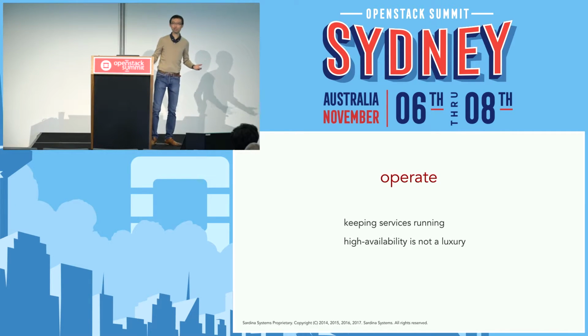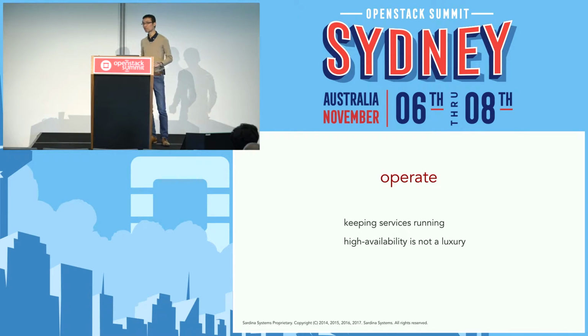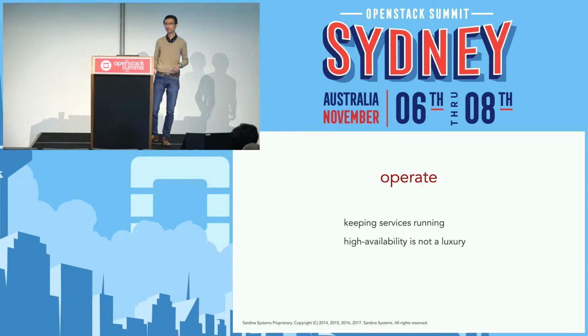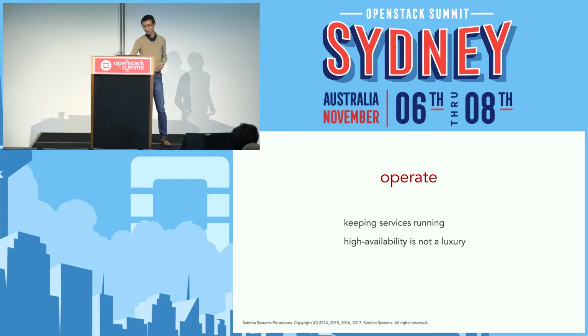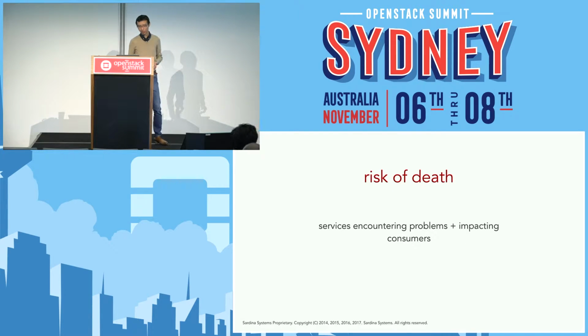You just want to keep the services running. And so HA isn't a luxury. So what's the risk of death? It's when the services are encountering problems and impacting the service consumers.